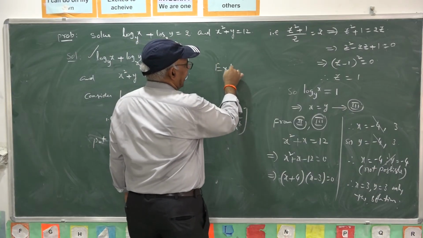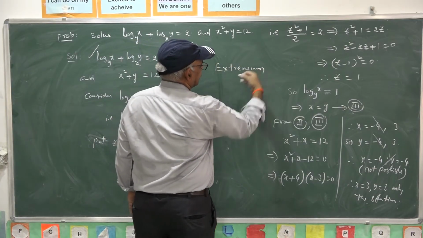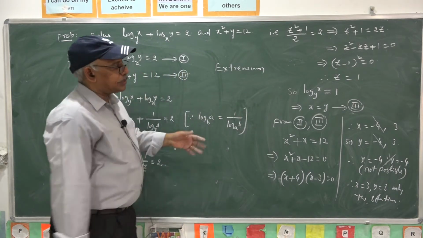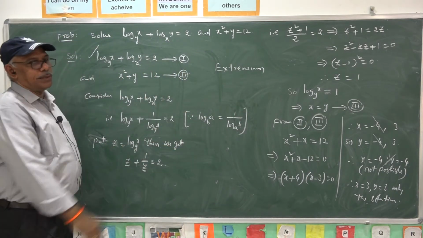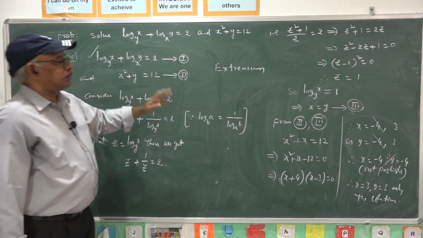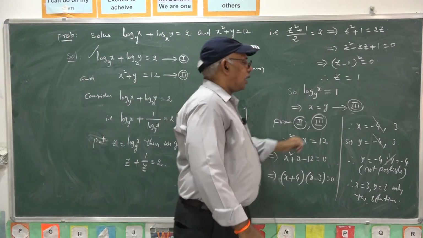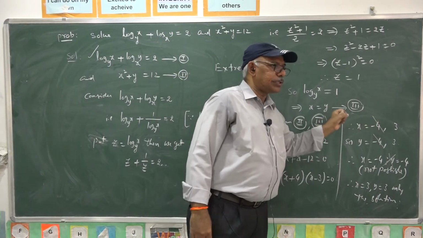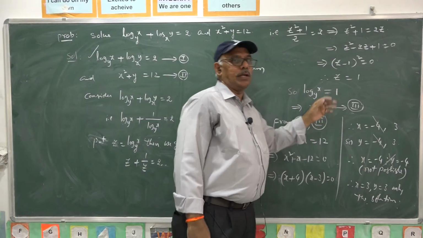Those unwanted solutions are said to be extraneous solutions. Naturally, extraneous solutions cannot be considered here, and the only solutions considered are x equal to 3 and y equal to 3.